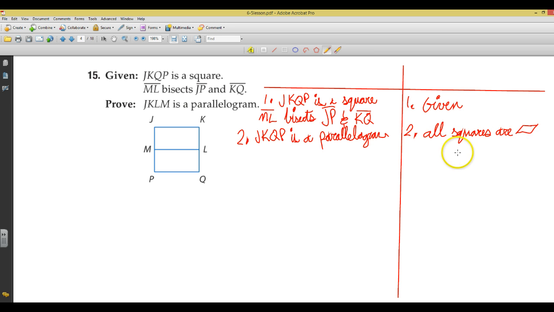And there's the symbol for parallelogram. Therefore, by definition, its opposite sides will be parallel. So JM is parallel to KL.